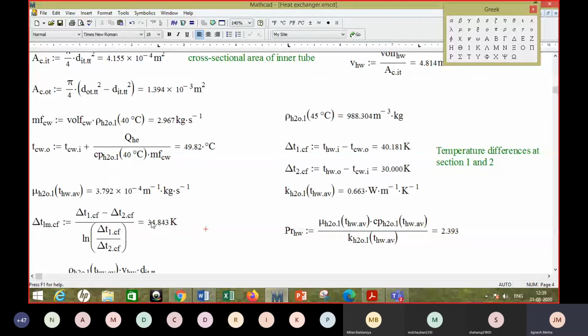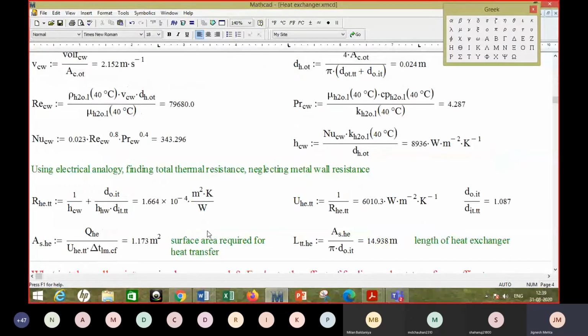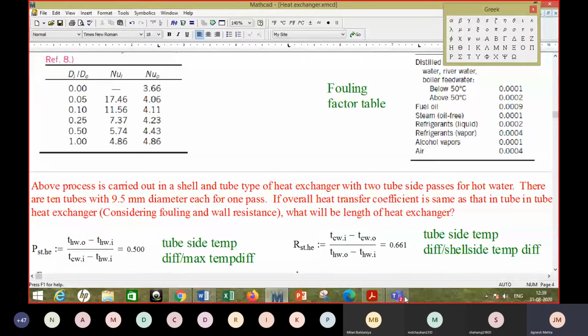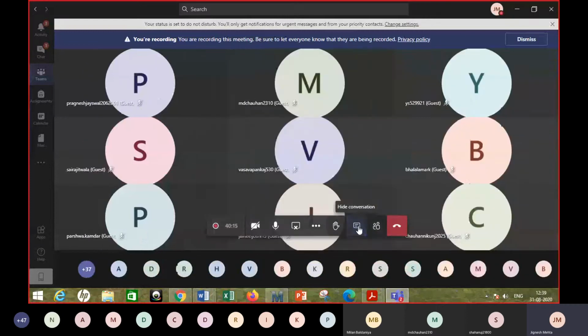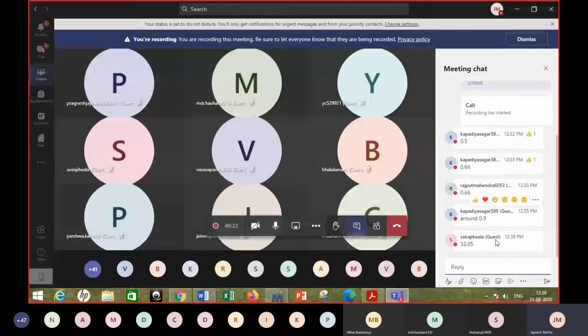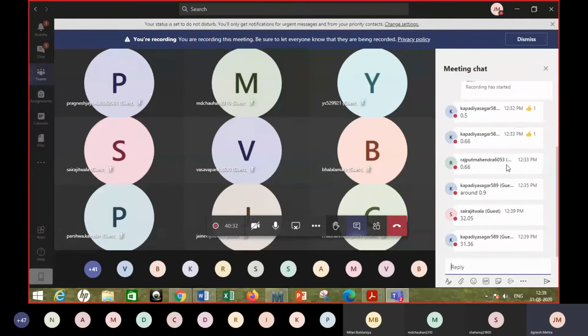Now you multiply it with the F, 0.92, and that will give you the number for this log mean temperature difference. So Sairaj is telling that it is around 32.05. So it's somewhere around 32. Let's see.